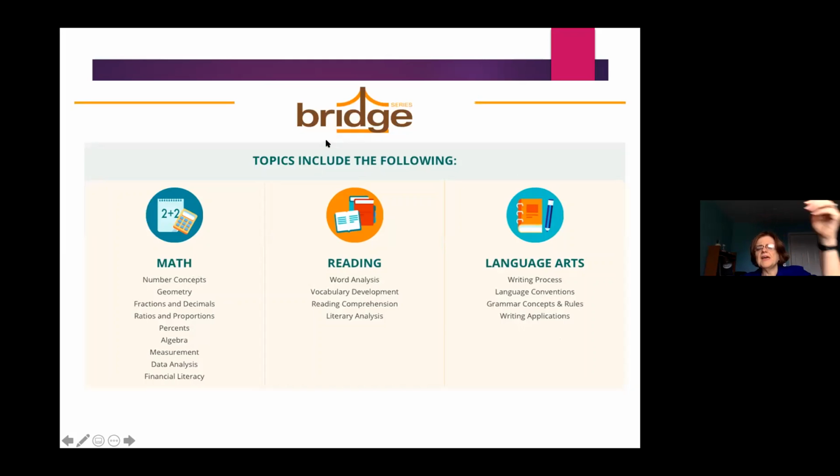Bridge. So they call it Bridge. If you have the New Jersey Department of Labor Title II program, they call this pre-HSE. So number concepts, pretty much everything you would want in math. It doesn't go all the way up to the test, but you've got some algebra, and they have geometry.